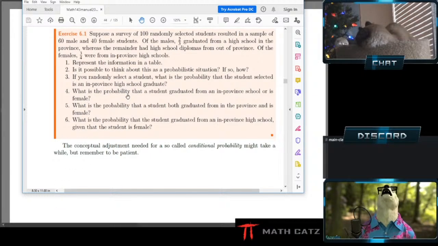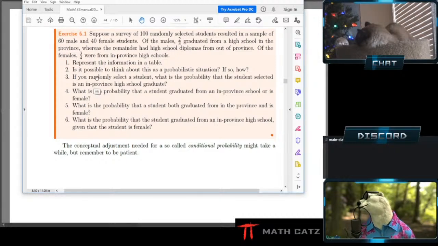We might finish it today, we might not. I'm just going to go as far as I can go without rushing, getting everything out of this that I can. All right. Let's read it first. Not the whole thing, just the intro. Suppose a survey of 100 randomly selected students resulted in a sample of 60 male and 40 female students.